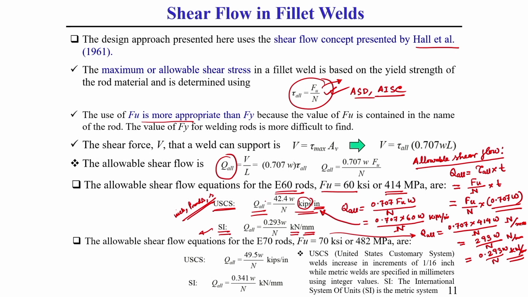This is according to SI units for the E60 electrode. Now, for the E70 electrode also I have shown what it is in USCS and in SI units, that is, the Q allowable, the allowable shear flow.